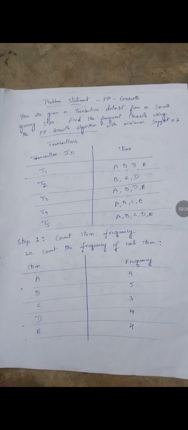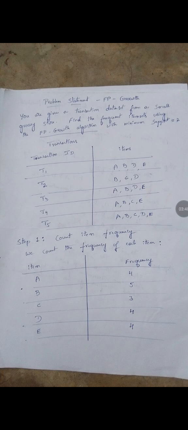For T5, item C is there, because it is A, B, C, D and E. That means C is found in 3 transactions out of 5. That means the support count is 3.